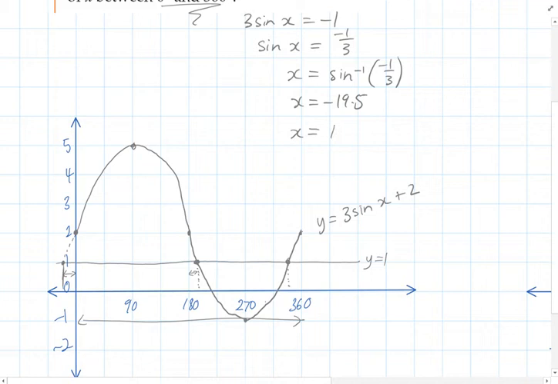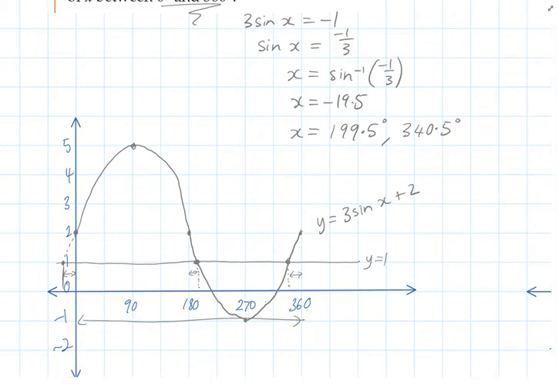So that would be 199.5 degrees, and that would be our first solution. To get our other solution, we would subtract that distance from 360 using the symmetry of a sine curve. And so 360 minus 19.5, that would be 340.5 degrees.